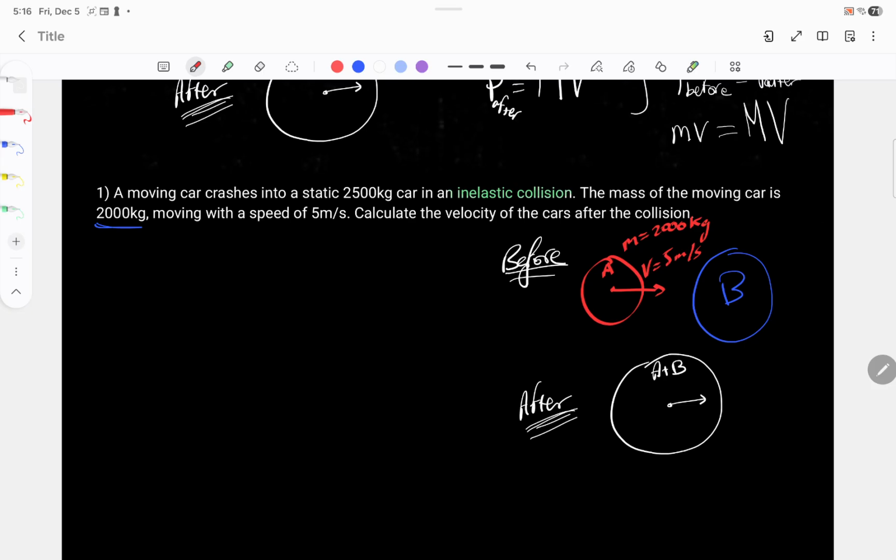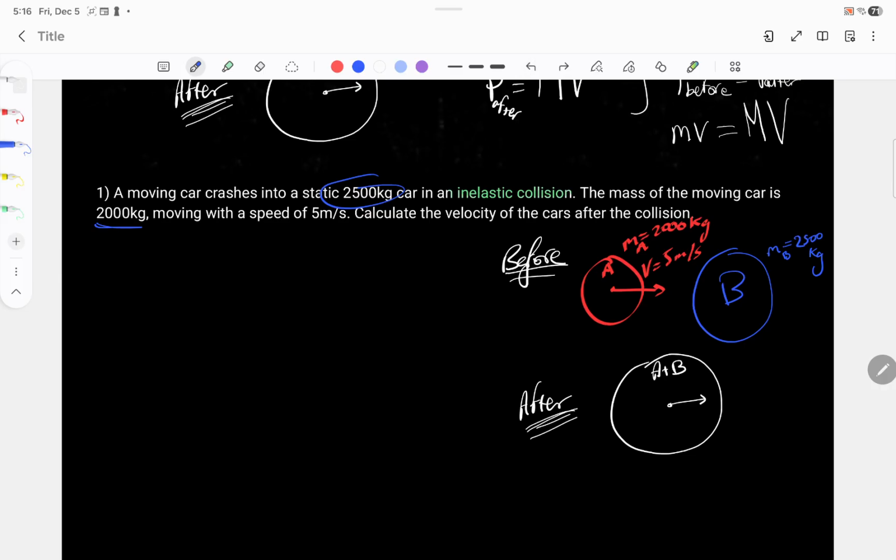Now, the static car has a mass of 2,500 kilograms, and it's written right up here. So the mass of this car, let's call it MB, and we're going to call the other MA, the mass of MB is 2,500. They want us to calculate the velocity of the cars after the collision. So they want this velocity down here.